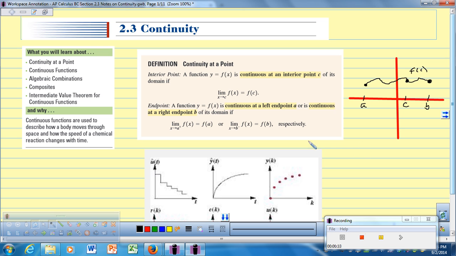The way I think about this, when I think about continuity at a point, I break it into three things that I must consider. First, I must consider whether or not the limit exists. For it to be continuous, the limit as x approaches C must exist, which means that the left limit must equal the right limit. Secondly, the function value must exist.